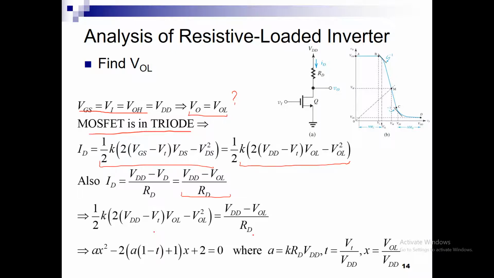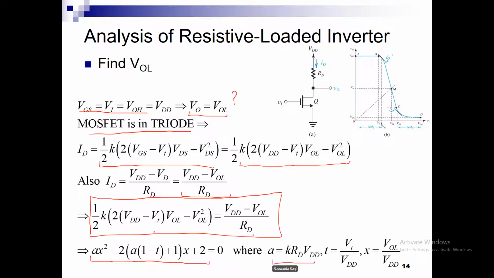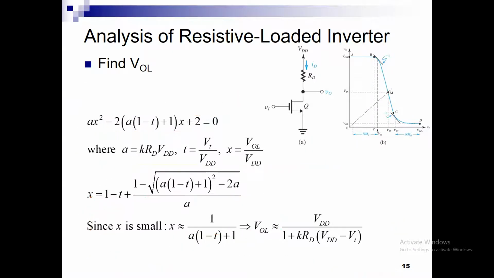In this slide, they give me the full quadratic equation, AX squared plus BX plus C, written in terms of the ratio of VOL over VDD, and then they solve for the roots. So I get what X should be.